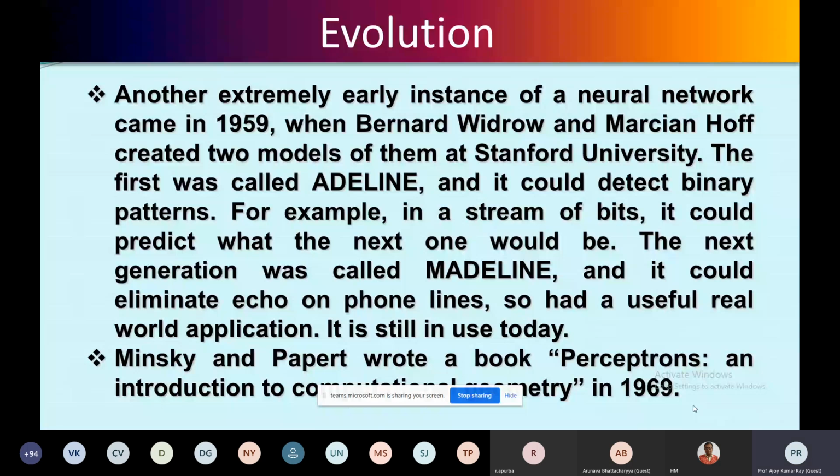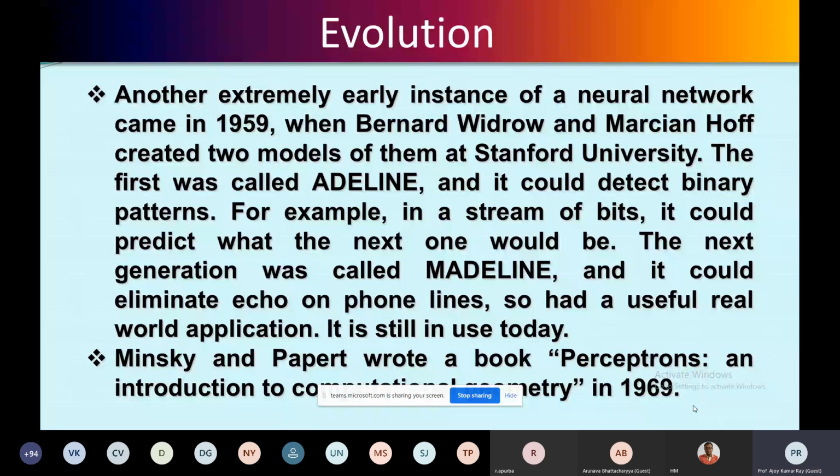So the perceptron developed by Rosenblatt was a linear classifier. That means you could only classify those patterns which could be separated using a line. So that was one of the limitations.